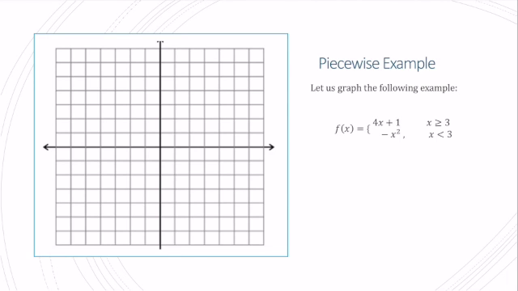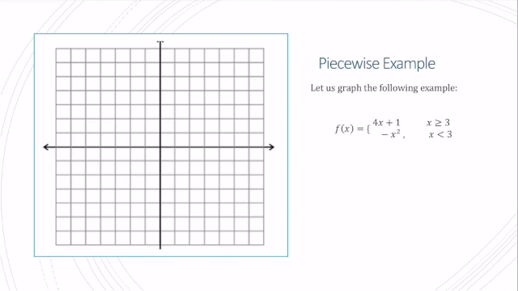So I want us to practice graphing quite a few of these because this is something that more students get caught on than you'd think. So why don't we go ahead and graph this. I have, as long as x is greater than or equal to 3, 4x plus 1. So where is x greater than or equal to 3?